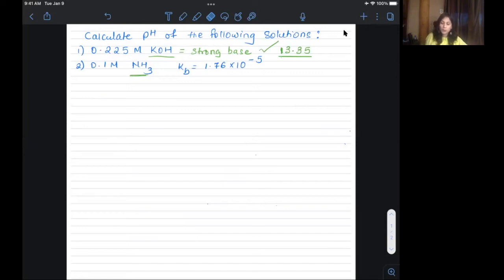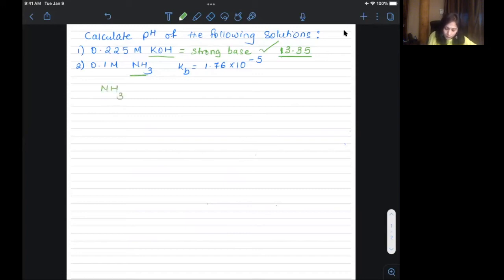So let's put down this equation first. And always remember, when you're working with any questions pertaining to acids or bases, the first step has to be putting down the equation. That's going to give you a clear view of what's happening inside the solution. So let's put down the equation.